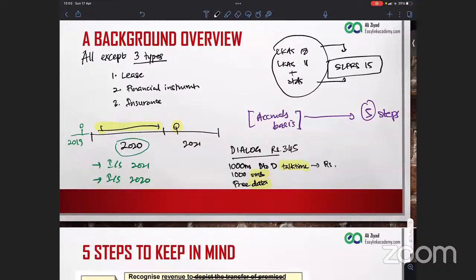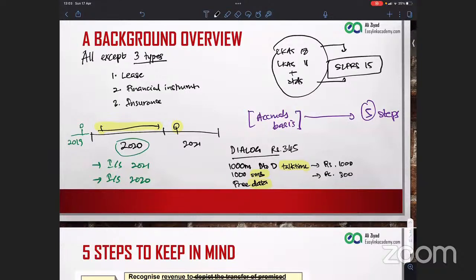Roughly how much? Maybe 1,000 rupees. Yeah, 1,000 rupees. And maybe for the SMS, around 300 rupees.